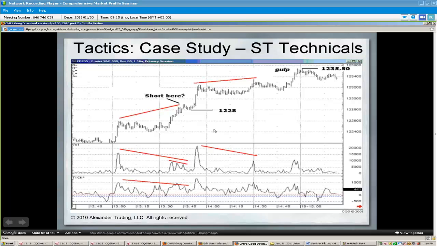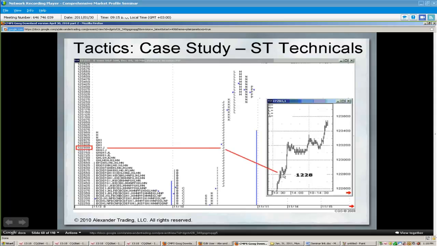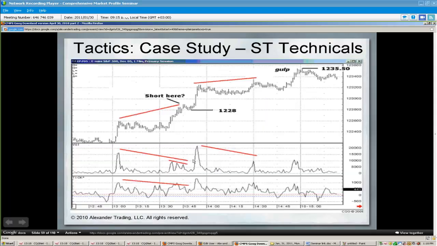Now, if you understood the context of what was going on here, there's no way in the world you would have been shorting this market. This is where you were shorting the market. This was the day the market was transitioning outside of a mature balance area. When you have transition days, you will have these divergences all day long, and they will kill you. Hopefully they won't kill you.